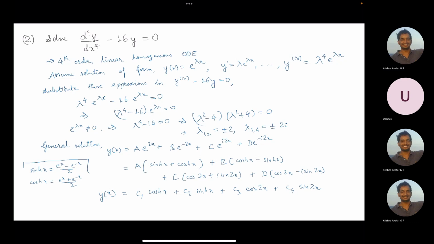Okay, and then there's one form of expressing the solution. Why can't we use hyperbolic trigonometric functions, which are sine hyperbolic and cosine hyperbolic?